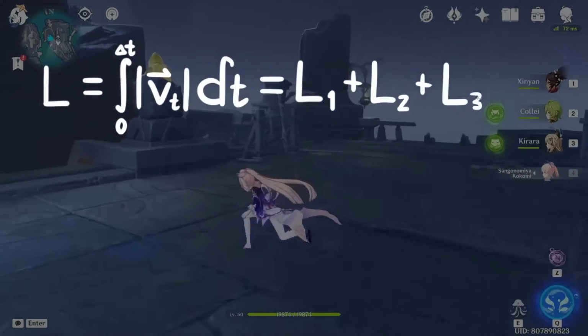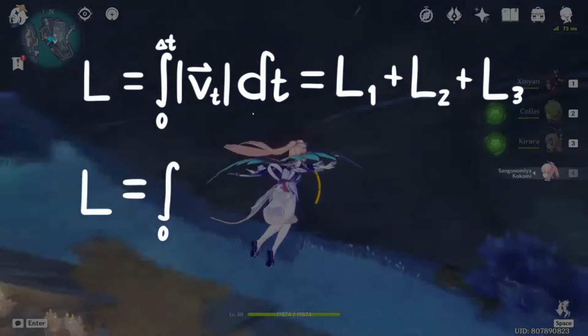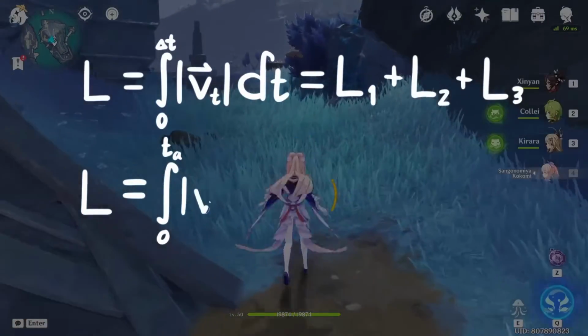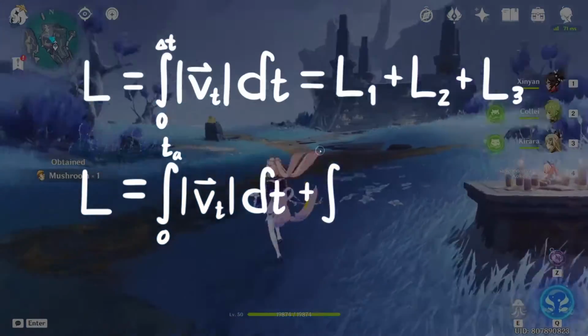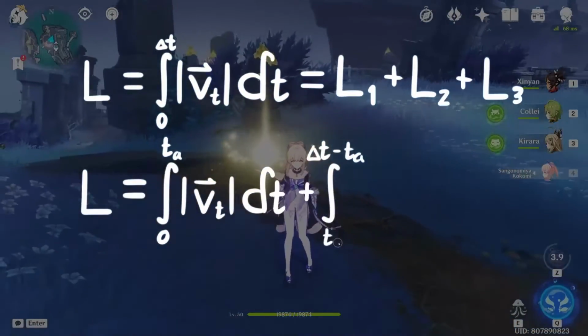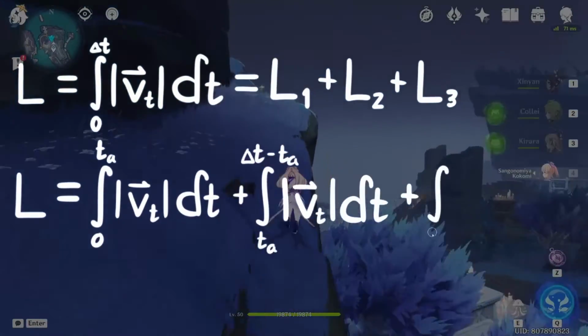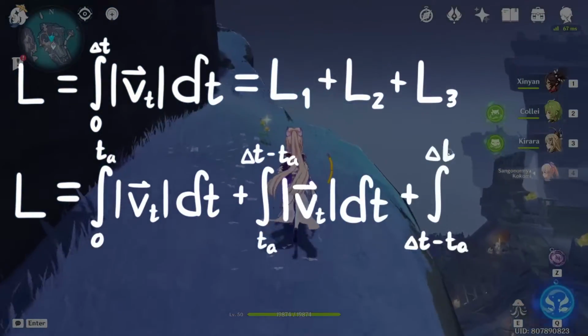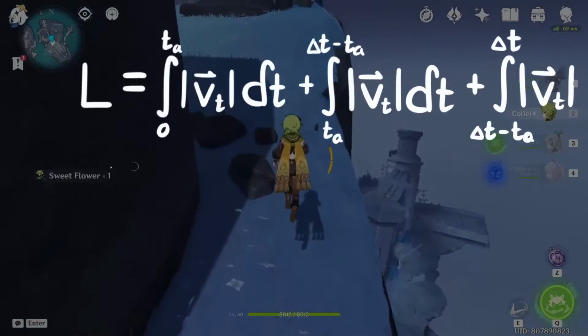And, well, L is equal to the integral from 0 to TA of the tangential velocity magnitude times dt, plus the integral from TA to delta t minus TA of the tangential velocity magnitude times dt, plus the integral from delta t minus TA to delta t of the tangential velocity magnitude with respect to time.